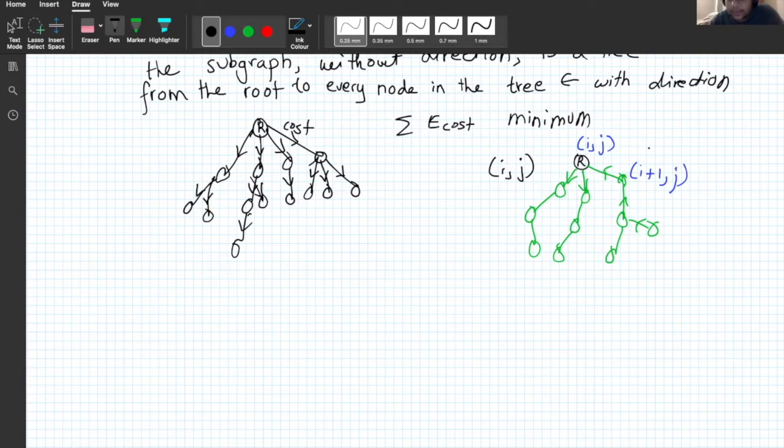For this we would actually add p of u, but for convenience we direct this downwards away from the root, just so that our algorithm can work. While we are actually making a downwards edge, we add p u only. Cool. So the idea is that we make this entire graph.